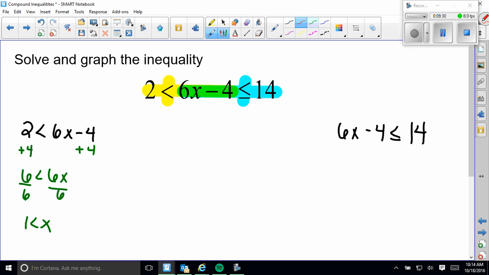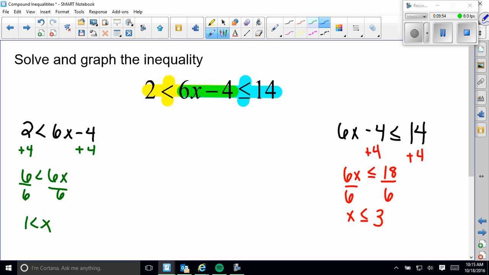And over here we're going to add 4. So we have 6x is less than or equal to 18. Divide by 6. x is less than or equal to 3. So now what you can do is put the 2 inequalities back together.